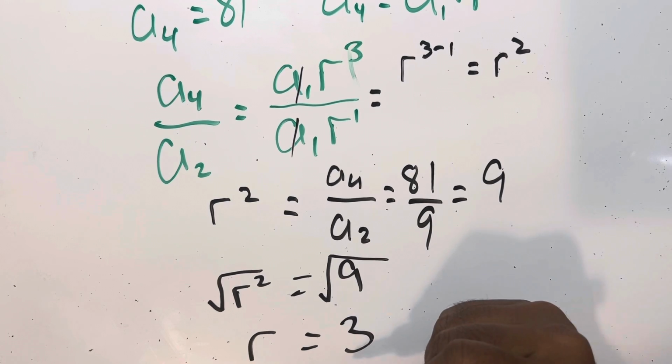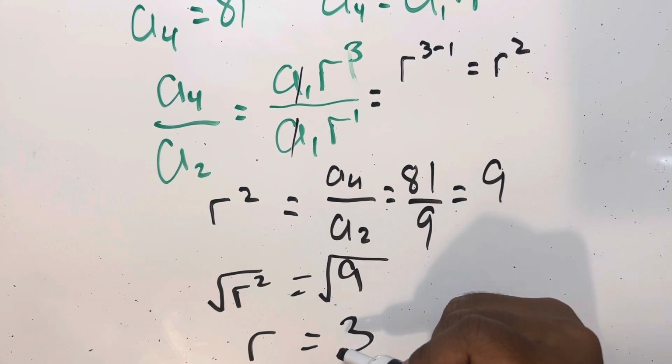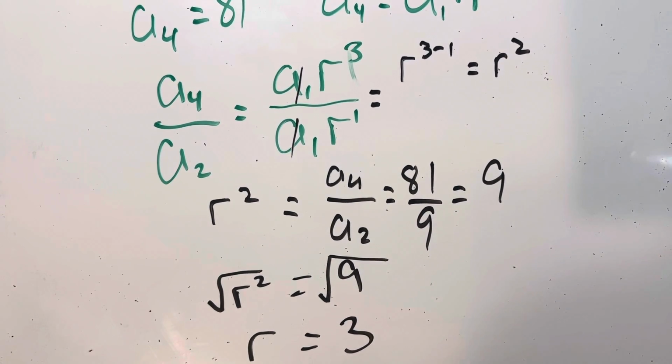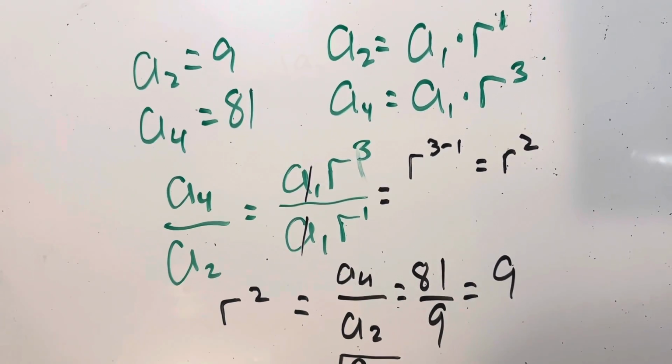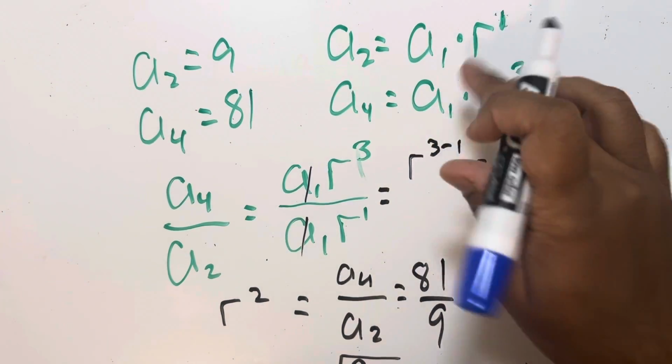In the context of this problem, it's 3, although technically it's plus or minus 3. So I found my ratio here is 3. For this sequence, we have a of 2 is 9, a of 4 is 81, and your ratio here is 3.